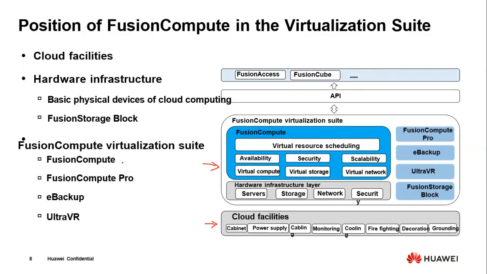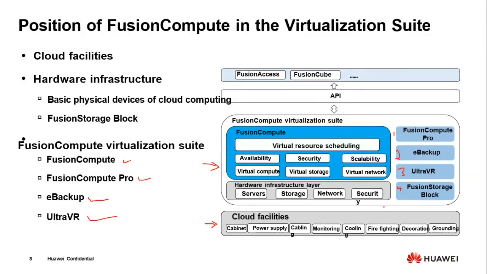Okay, in the second section, the Fusion Compute can provide things like Fusion Compute itself. There's also what is called Fusion Compute Pro and e-backup, and then the last one is Ultra VR. So these functions, you can see them here: 1, 2, 3, and 4.